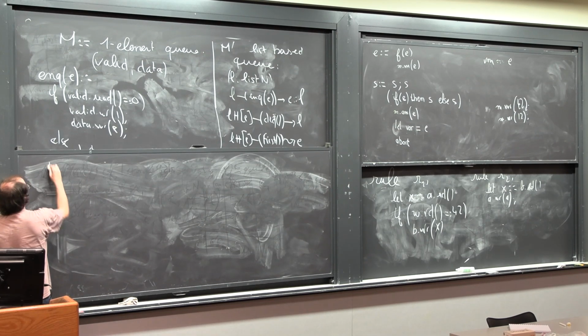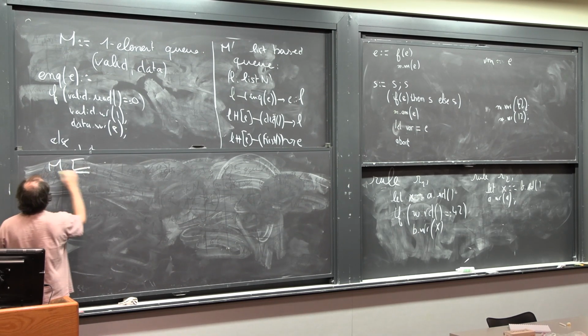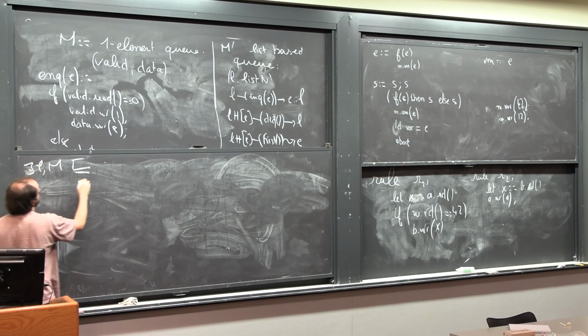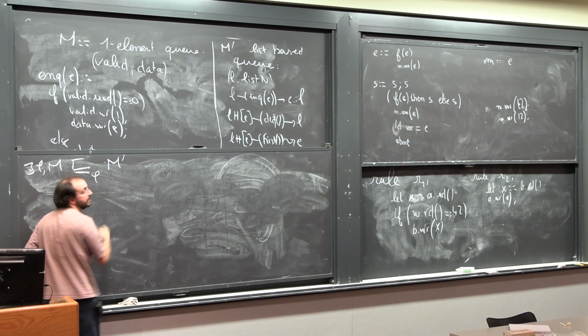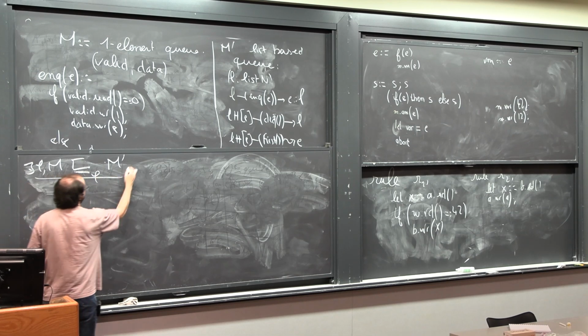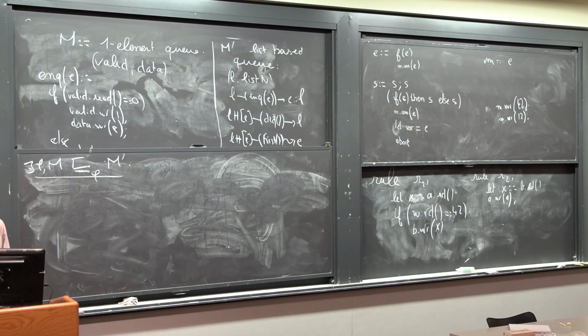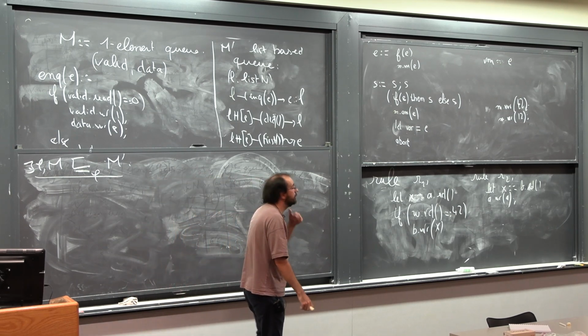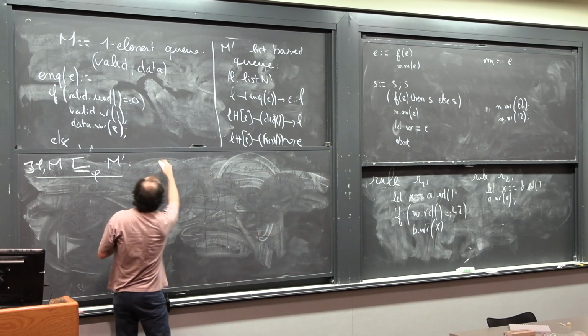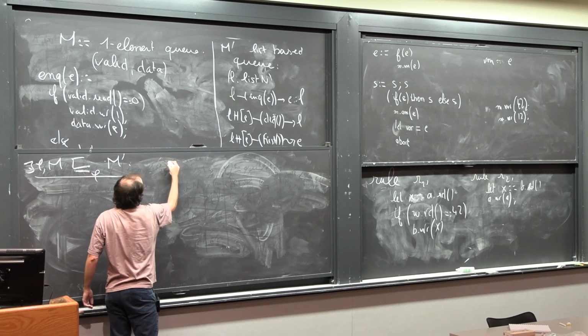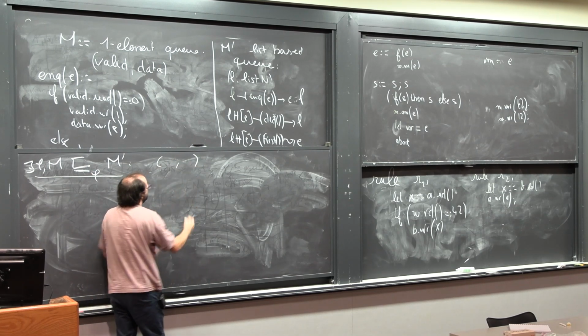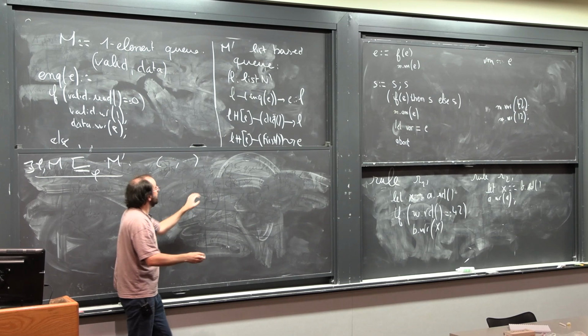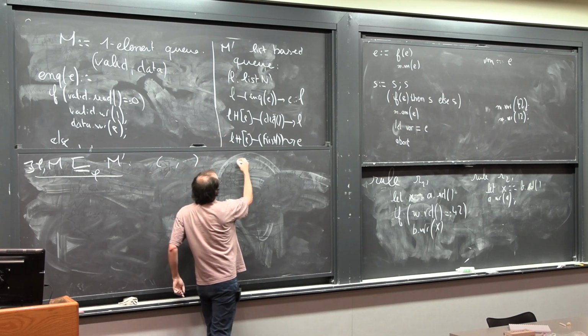Okay, so I want to prove that there exists phi such that phi is a simulation. Okay, does anyone have an idea of what the phi should be? Very easy. So to recapitulate, the state of M is a pair of a valid and a data, and the state of this one is just one element, which is a list.